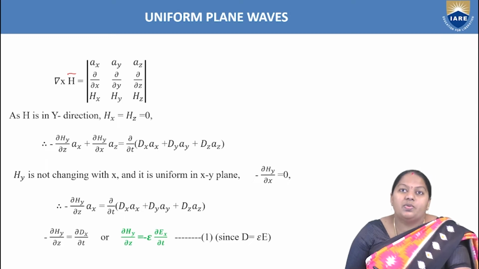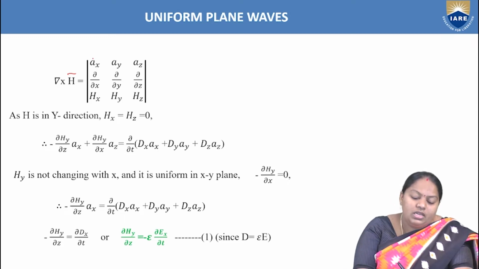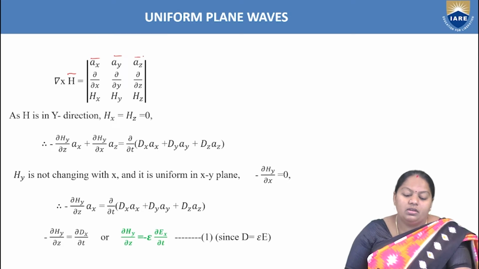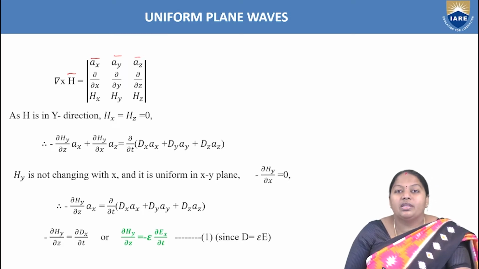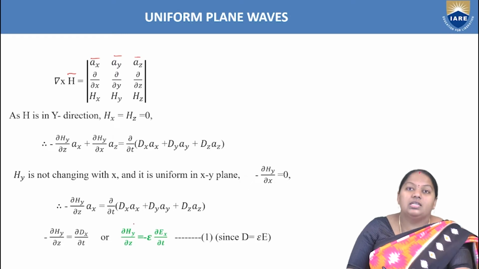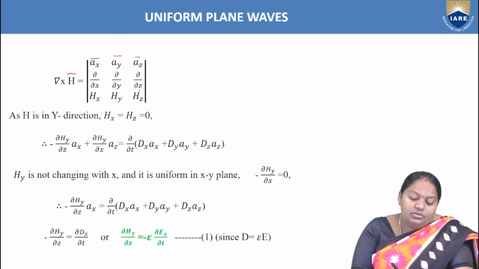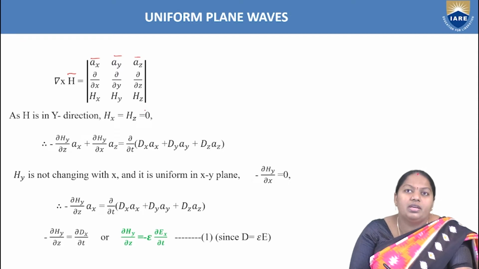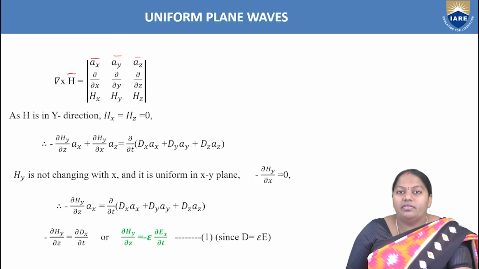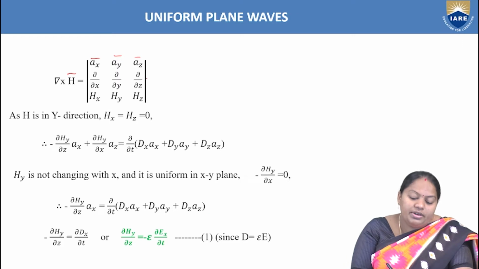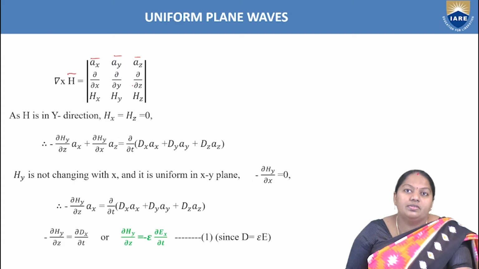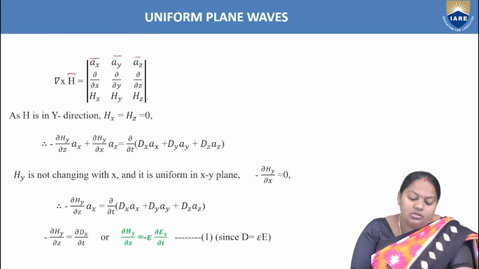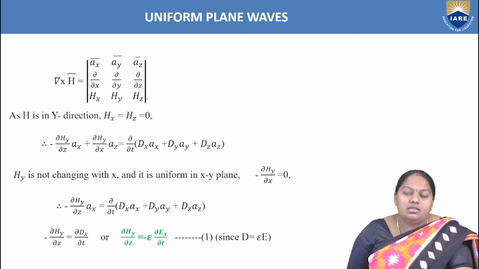Now if you consider the LHS part, del cross H bar, in order to express the curl of a magnetic field intensity, we use the determinant form. In the first row we consider the unit vectors of the three directions ax, ay and az, then the partial derivatives dou by dou x, dou by dou y and dou by dou z, and the three magnitudes of the H directions Hx, Hy, Hz.